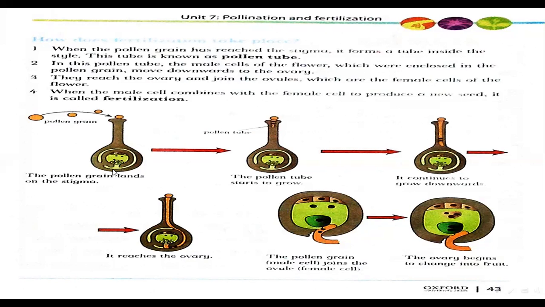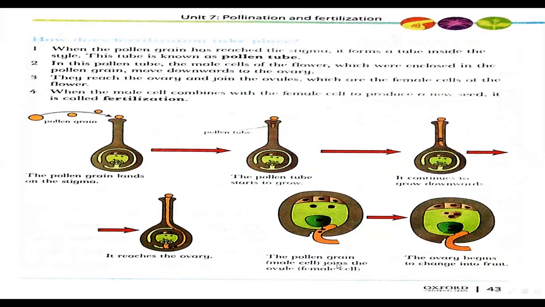In step 1, the pollen grain lands on the stigma. After that, the pollen tube starts to grow. Then in the third step, it continues to grow downward. And then it reaches the ovary.